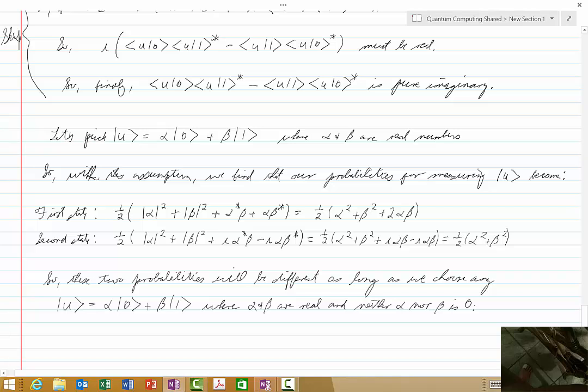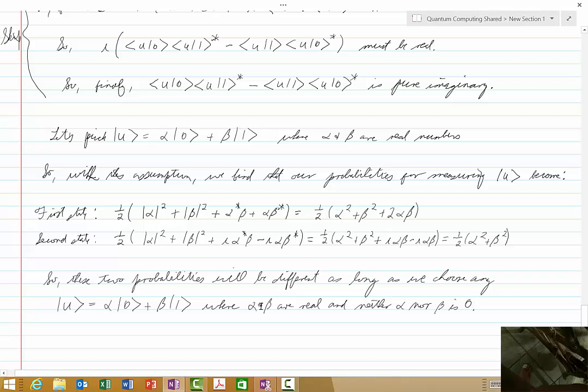This will be sufficient, because we have seen that we obtained these expressions for the probabilities, 1/2 of alpha squared plus beta squared plus 2 alpha beta in the first case, in the second case simply 1/2 alpha squared plus beta squared.